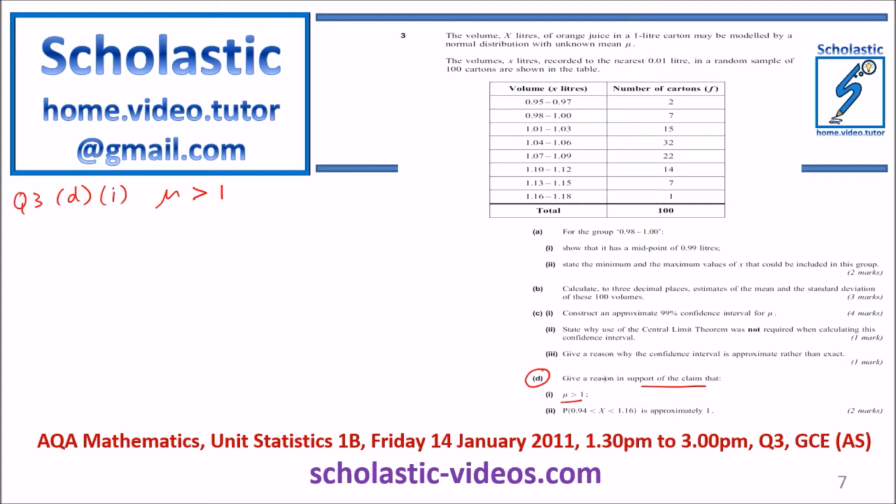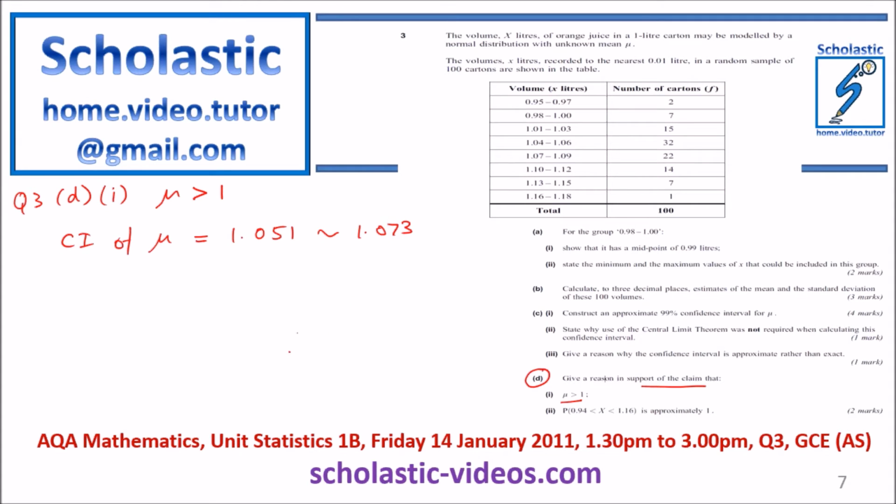How are we going to tell whether this claim is correct? When you have a claim like that, we need to check what we did earlier. We got a confidence interval of mu equal to 1.051 to 1.073.